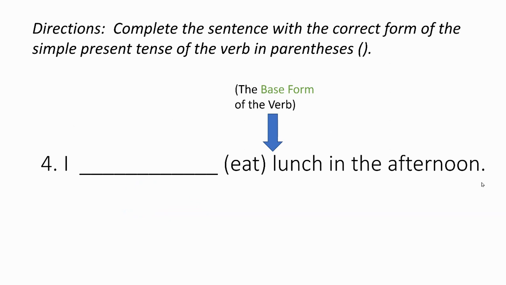Number 4, let's take a look. This is a little different. Directions. Complete the sentence with the correct form of the simple present tense of the verb in parentheses. So we see the base form of the verb here, eat.